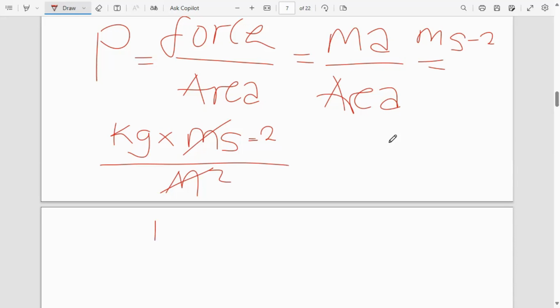It is going to be kg. Then what else do we have? We have meter here down. But the meter that we have is a denominator, so we are going to denote it using a minus sign. So kg dot m to the power -1, since we canceled out one, which means we're remaining with 1 down here, but it's a denominator, so it's -1. Then what else are we having?